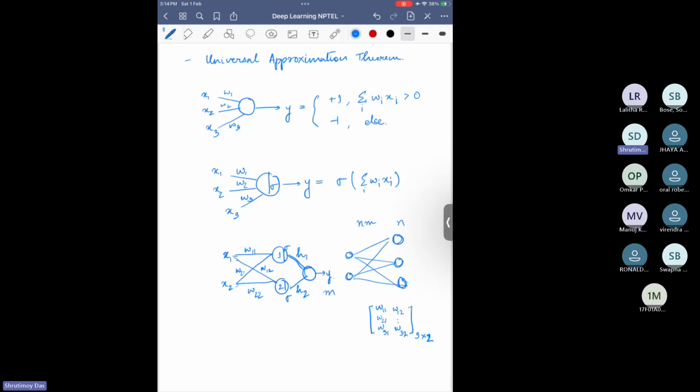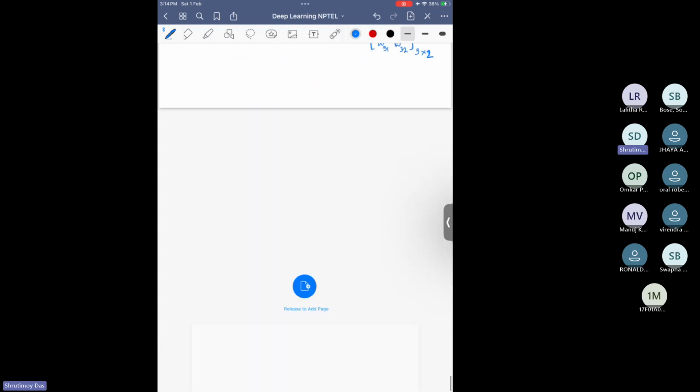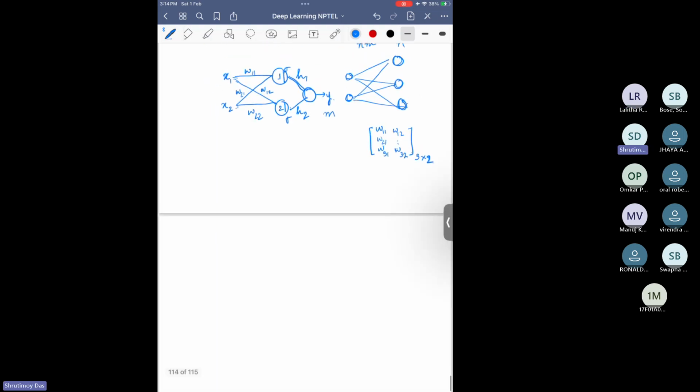Earlier, when we were talking about a single perceptron, the output was a single sigmoid, something like this. This is the output of a single perceptron, and it lies between 0 and 1.